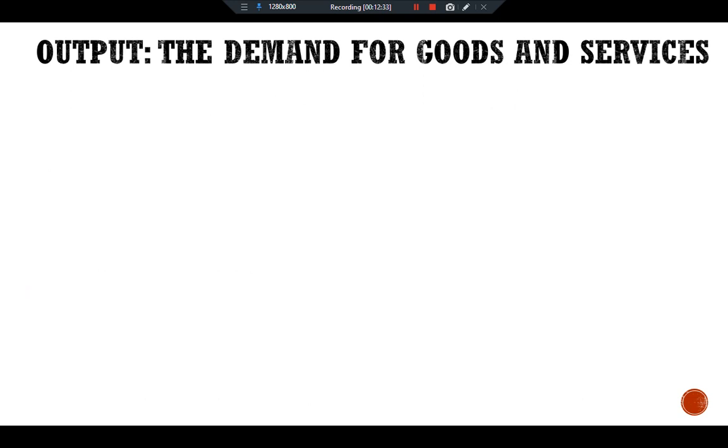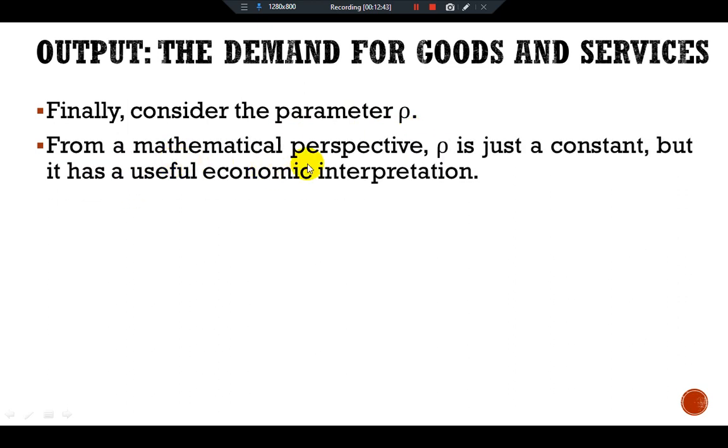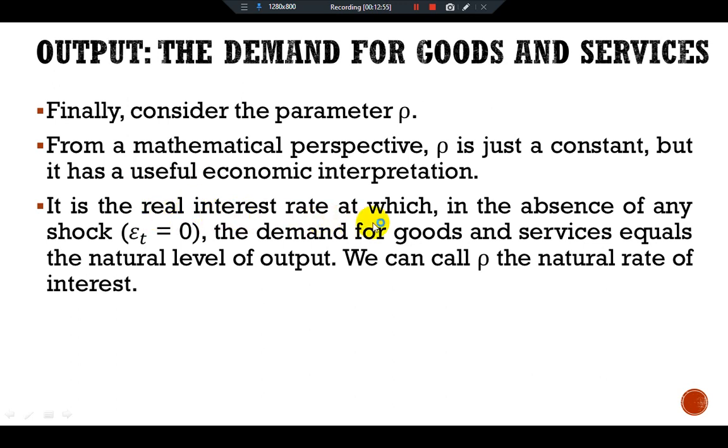Moving towards the final part, we finally consider the parameter rho. From a mathematical perspective, rho is just a constant, but it has a useful economic interpretation. It is the real interest rate at which, in the absence of any shock, epsilon T equal to 0, the demand for goods and services equals the natural level of output.